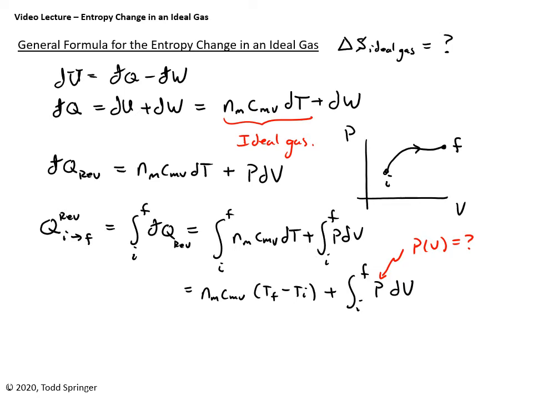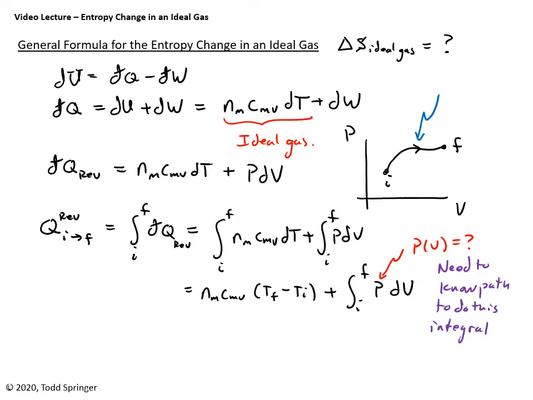And so I need to know the path to do this integral. I need to know the equation which describes this curve in order to do that integral. And that's as far as I can go.